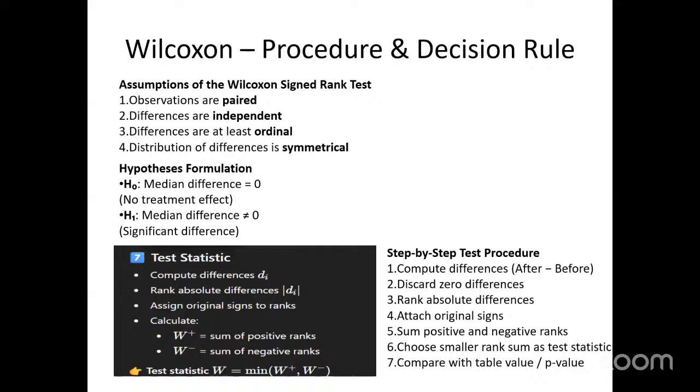If someone asks you what the main difference between the sign test and the Wilcoxon signed rank test is, what will be your answer? What is the basic difference between these two? Anyone? I mentioned it again and again. Ma'am, repeat the question, please. What is the difference between the sign test and the Wilcoxon signed rank test?